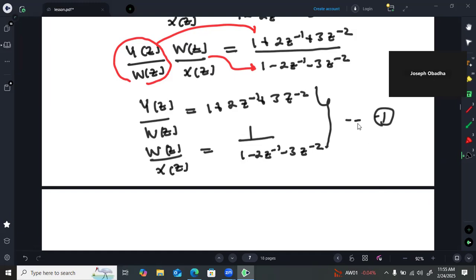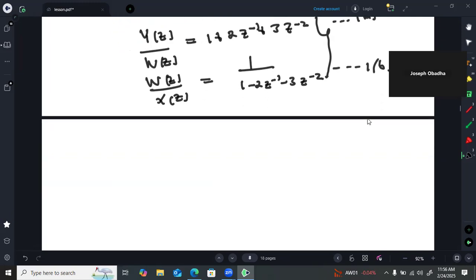I can call this 1A, and then I call this 1B. Once we have done that, I can use 1A first.